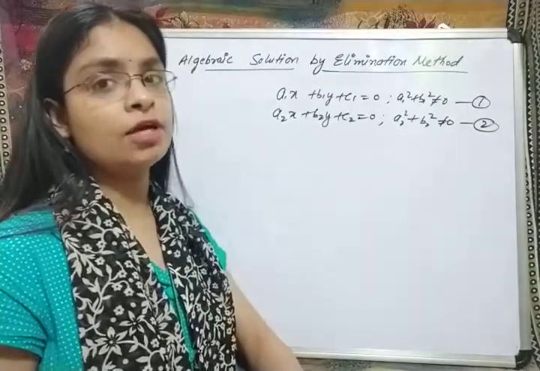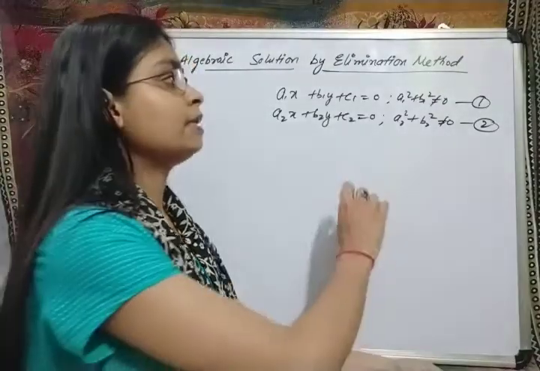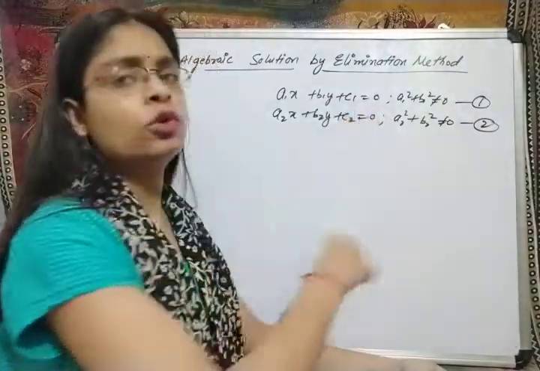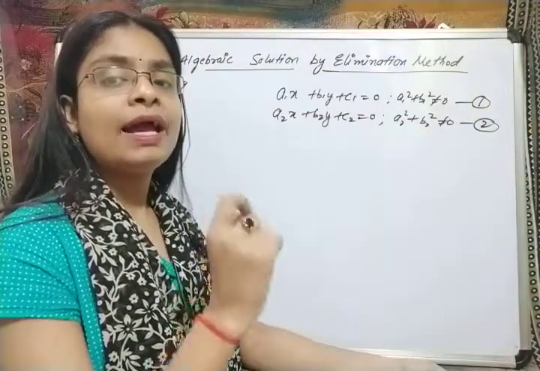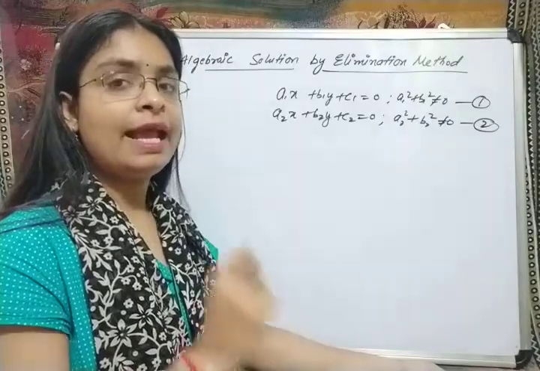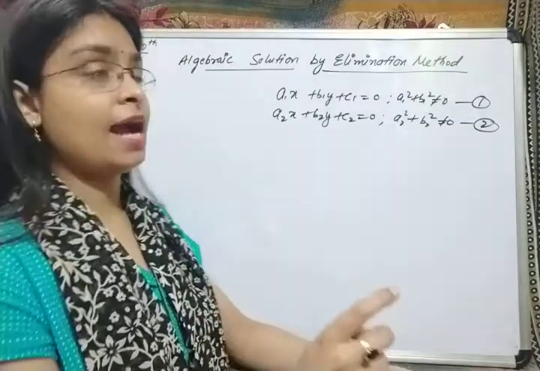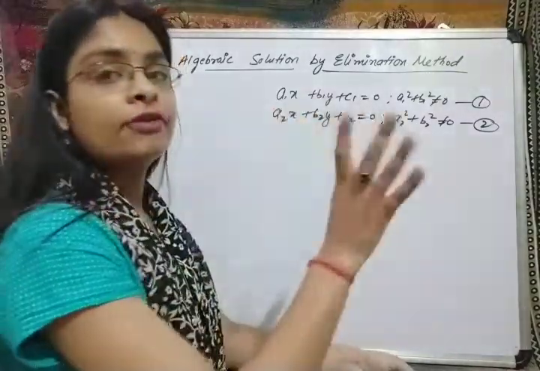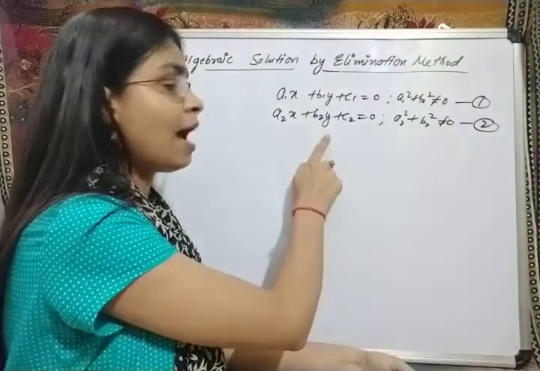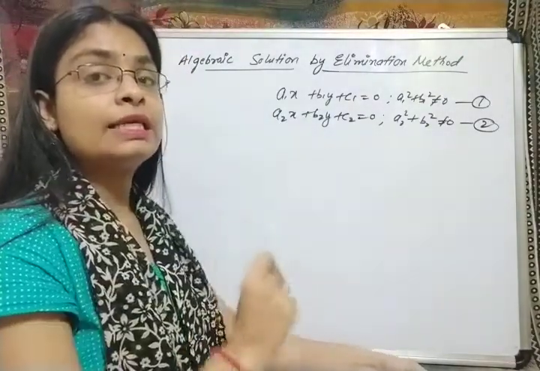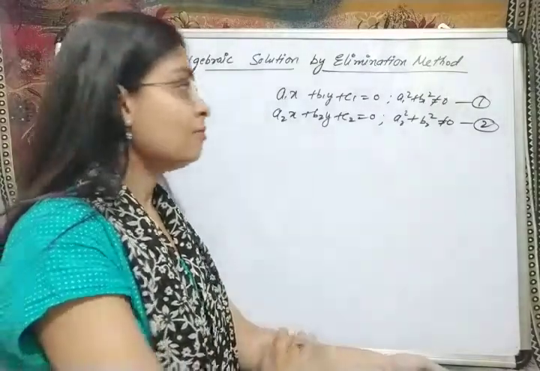So first what are we going to do? We are going to multiply equation 1 or 2, any of the equations, by any non-zero constant, such that the coefficient of any one variable, either x or y, becomes numerically equal in both.